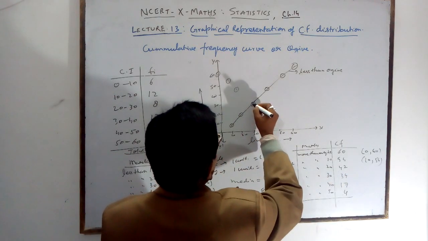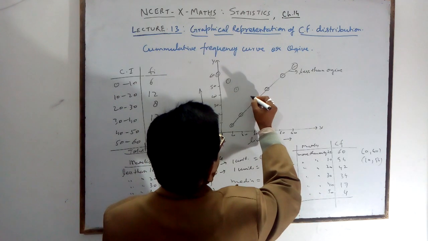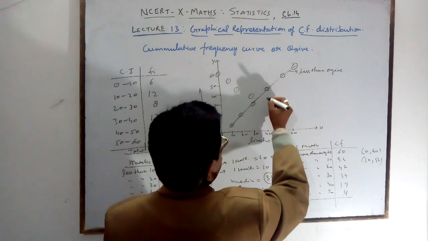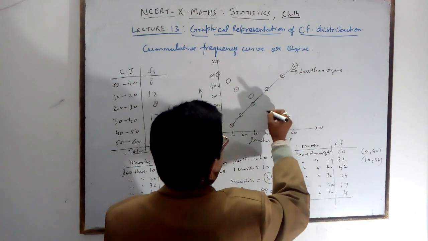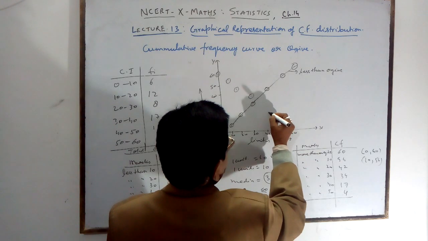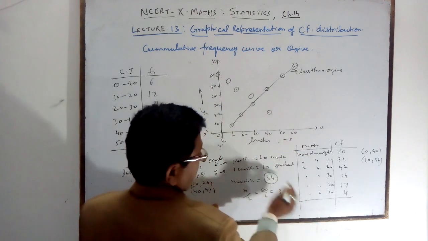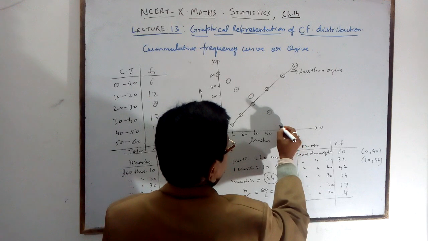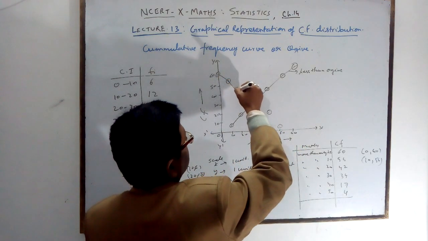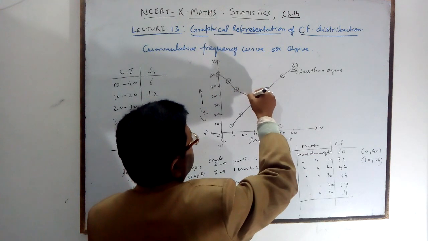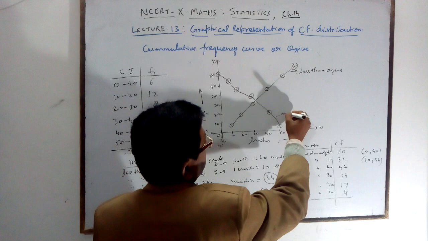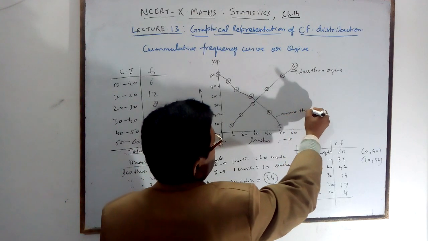And then 40, 17 you are getting. And then 50 you are getting 4. Then you again join by freehand. It is a more than ogive. Both together.